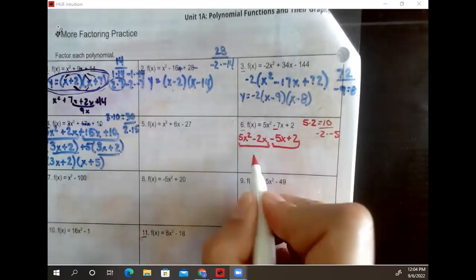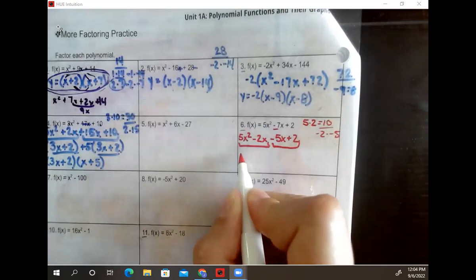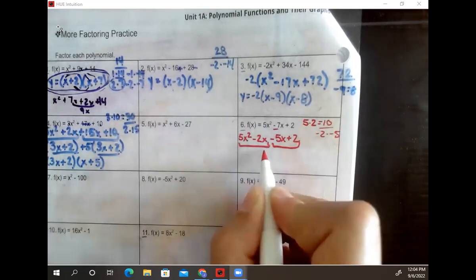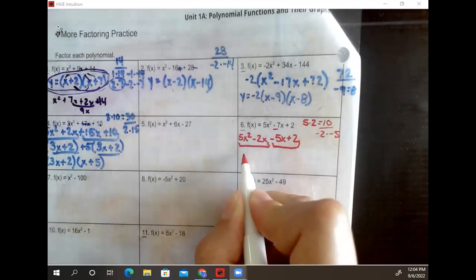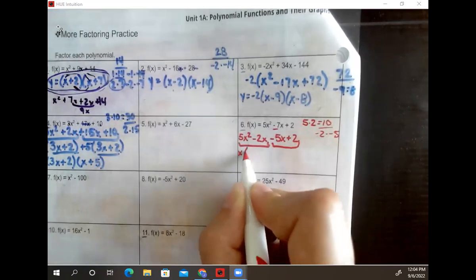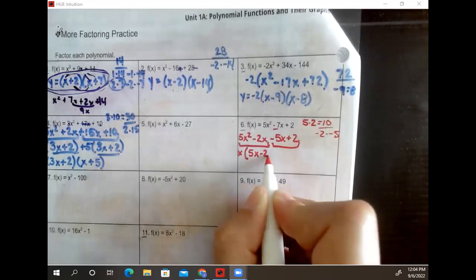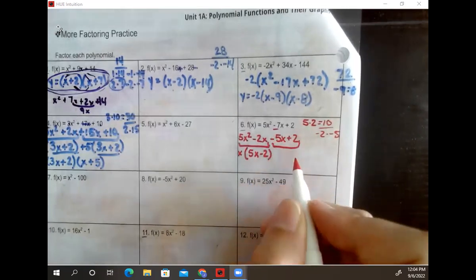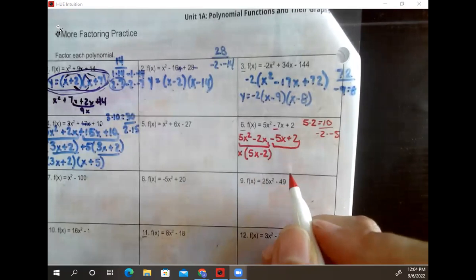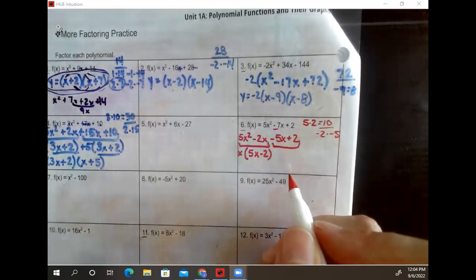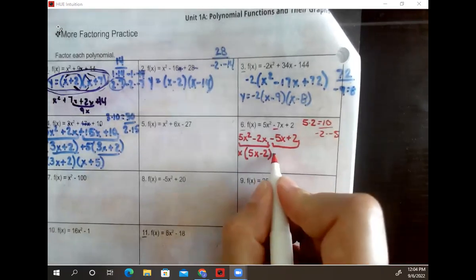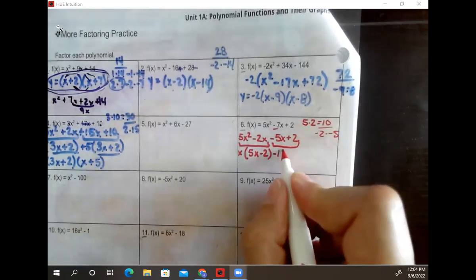The GCF for my first group would be what? What do these have in common? X. So when I factor out x, I'm left with 5x minus 2. How about my next group? What's my GCF there? 1, and since the group starts with a negative, we'll do negative 1 because that will change the sign.